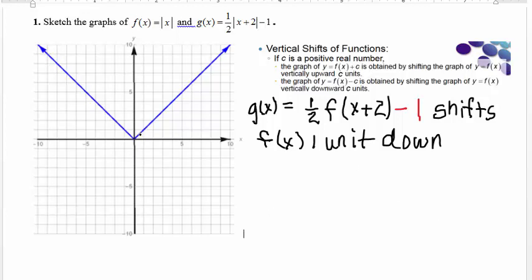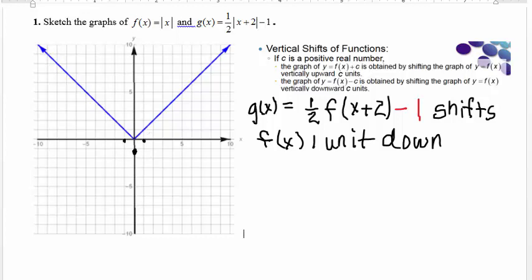So if I take every point on this graph and move the point 1 unit down, a lot of times this would be called a vertex also. Let's say I move that point 1 unit down. I take this point, it gets moved 1 unit down. This point gets moved 1 unit down, and so do all of the points on the graph. So notice the y's have a 1 subtracted from their previous value.